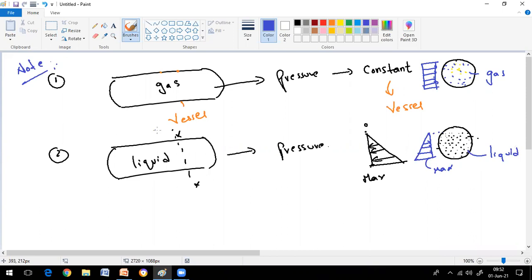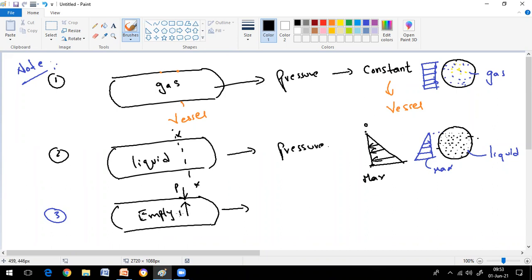And when the vessels or cylinders are empty, nothing is there, what happens? They are subjected to atmospheric pressure. By that, both internally and externally the pressure is the same, and hence the resultant effect will be nil.